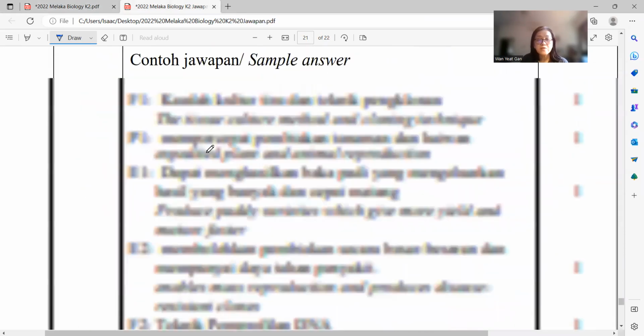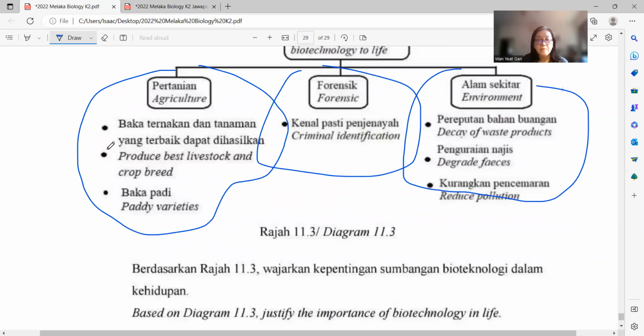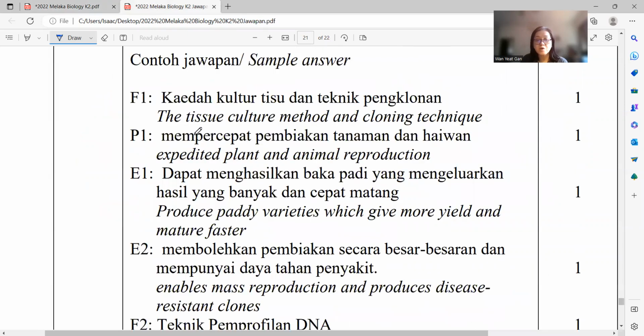The first one is agriculture. Here you have the best livestock and crop breeds, and different varieties of plants that can be produced. You can use the tissue culture method or cloning technique, in which you obtain the best trait, and this will expedite the reproduction of plants and animals.